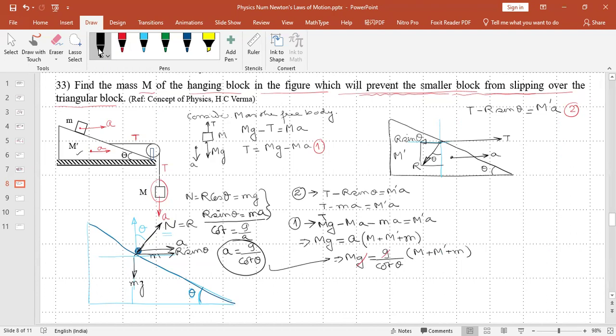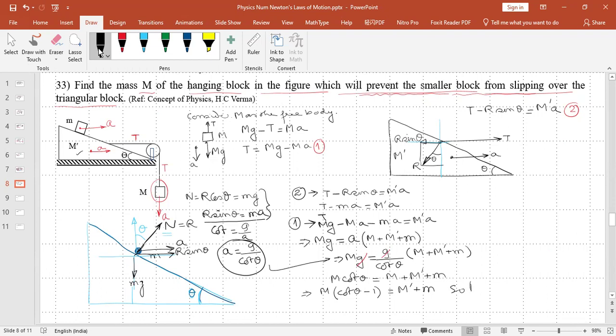So by cross multiplication, we get capital M cot theta is equal to capital M plus M dash plus small m. Capital M multiplied by cot theta minus 1 is equal to M dash plus small m.